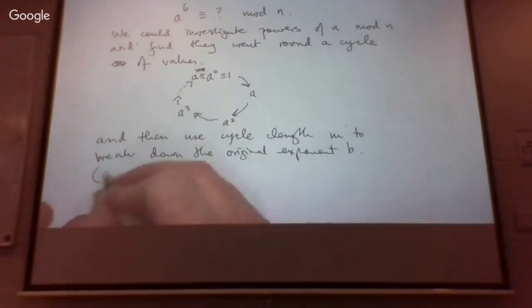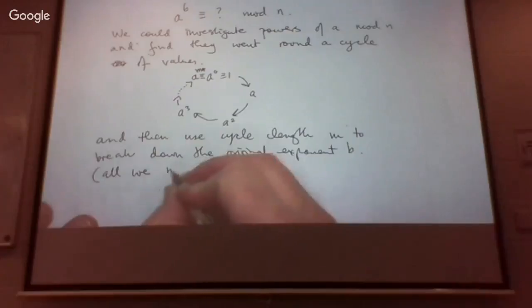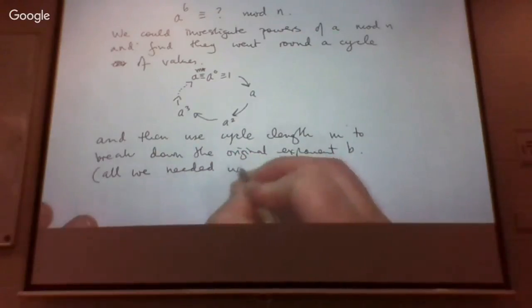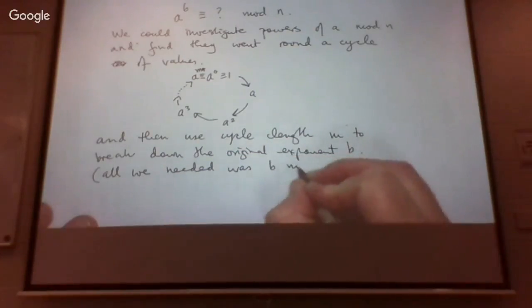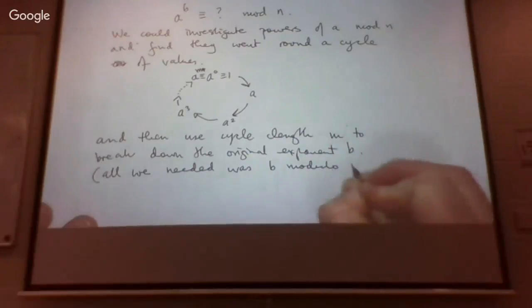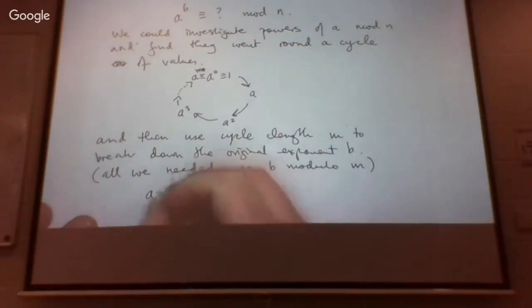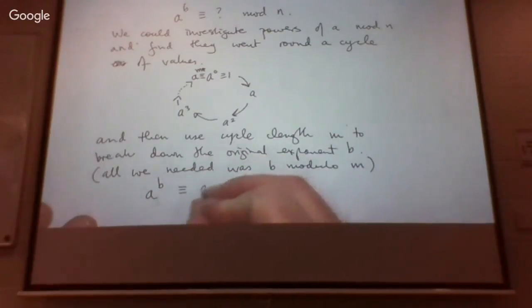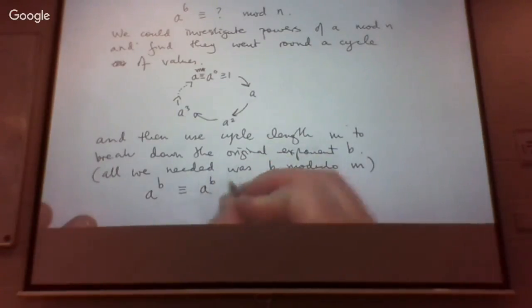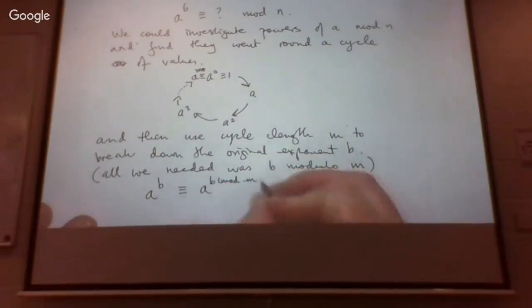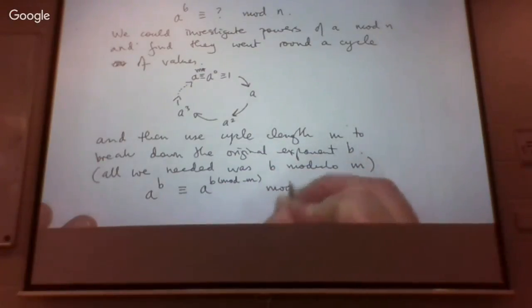So all we needed was b modulo m. And we found that a to the power b was congruent to a to the power b mod m. And this was modulo n.